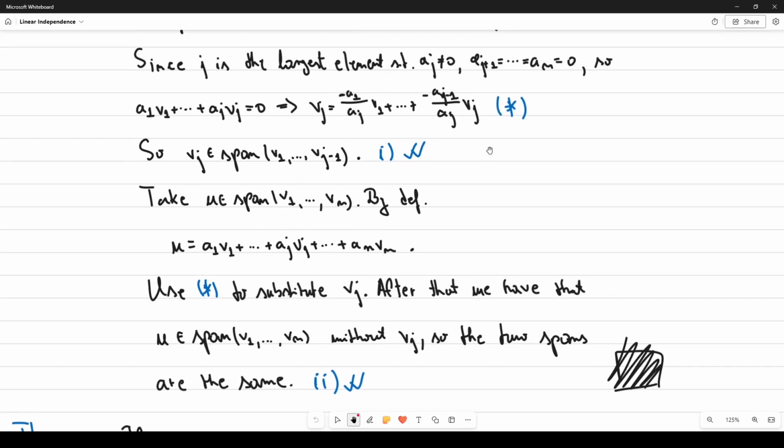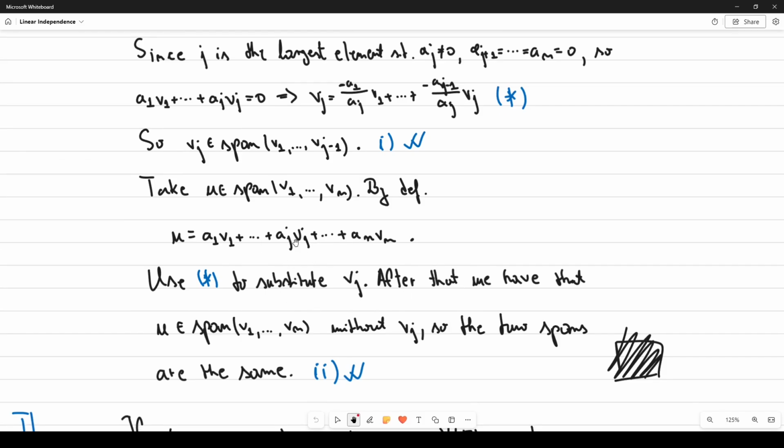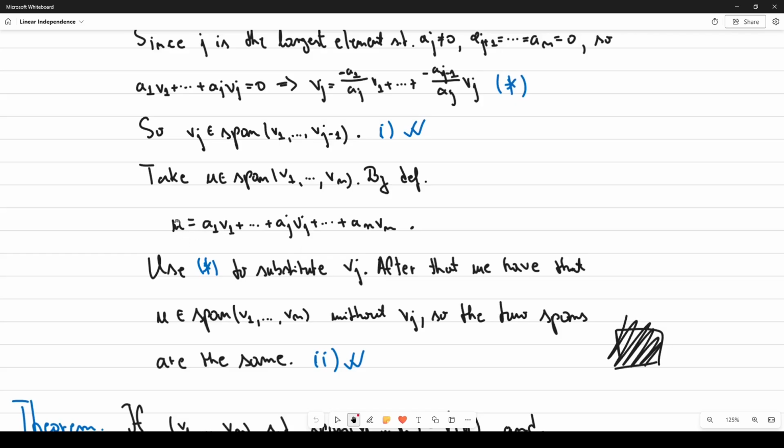And now we have this expression for vj, and we can use that to substitute for vj in this linear combination. After we have done that, we've gotten rid of vj, and all the vectors that remain are the same besides vj. So we see that u can be expressed as a linear combination of all the vectors without vj. That means that u belongs to the span without vj.